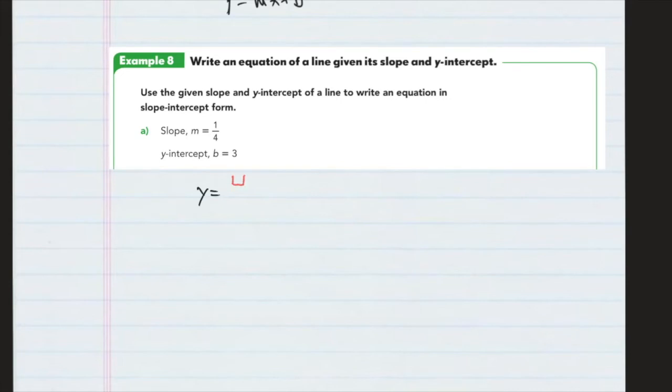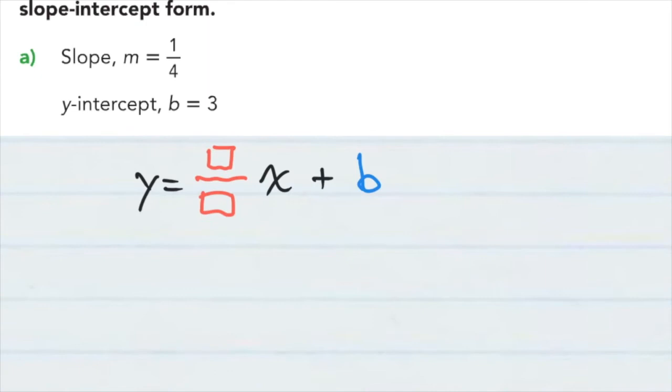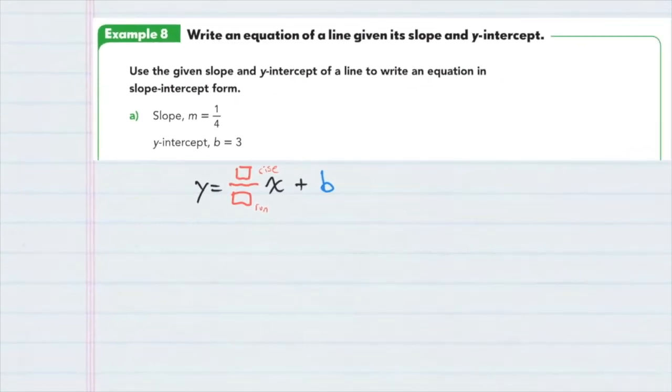Slope is usually written as a fraction. So mx plus b. And in this fraction, usually this stands for the rise, and this stands for the run. And not usually, it always stands for the rise and the run.